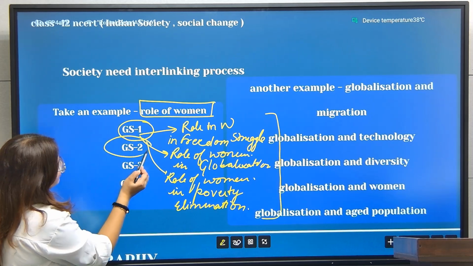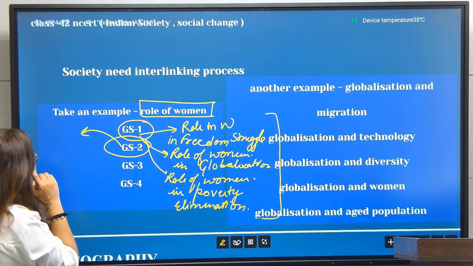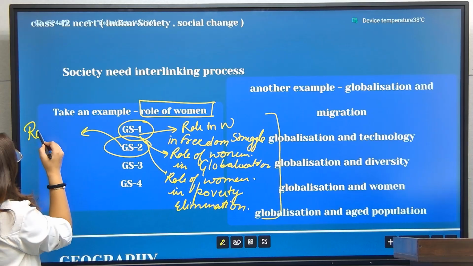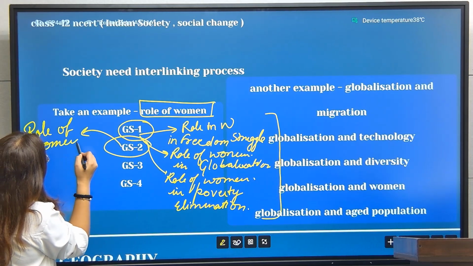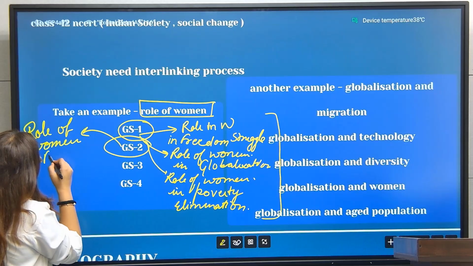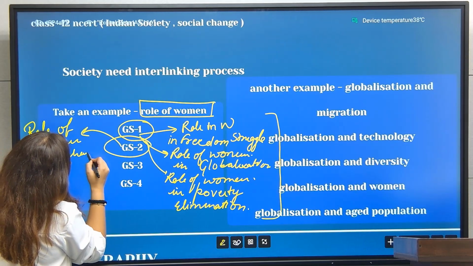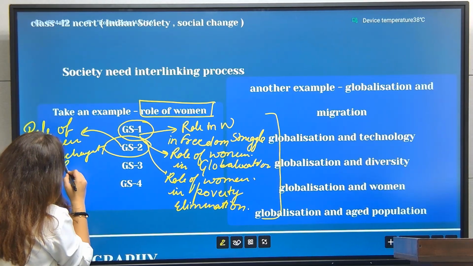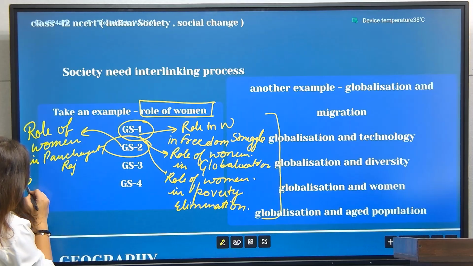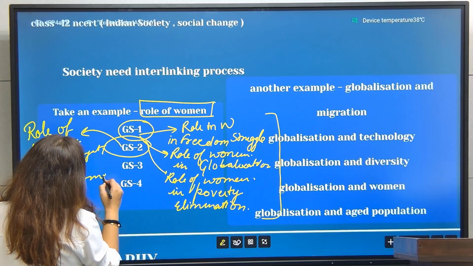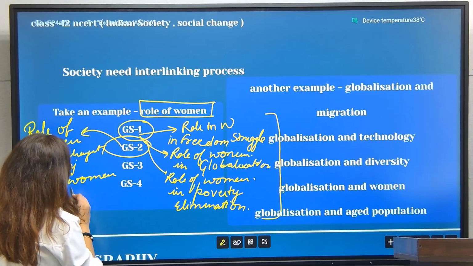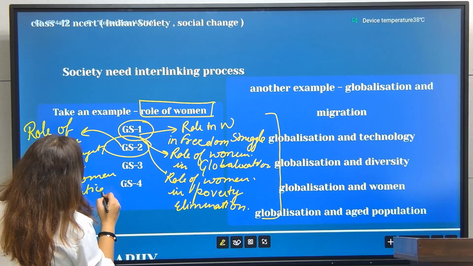Now come to GS2. So role of women in Panchayati Raj. Role of women in political representation.